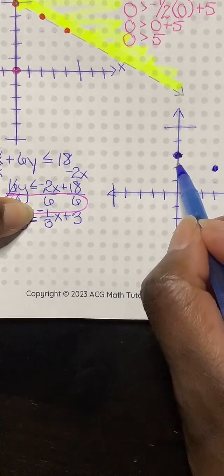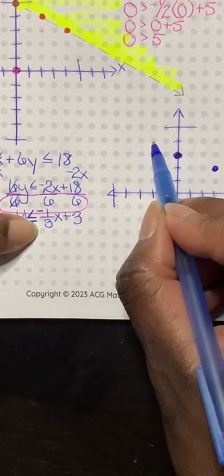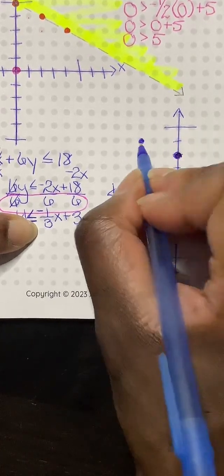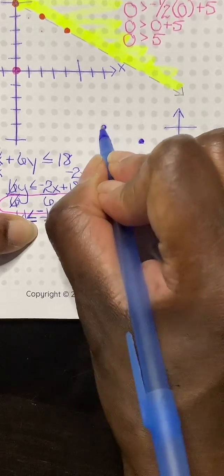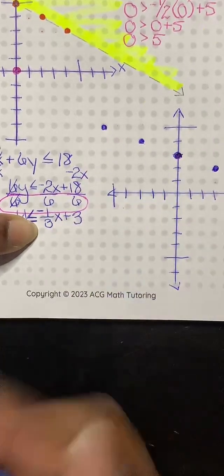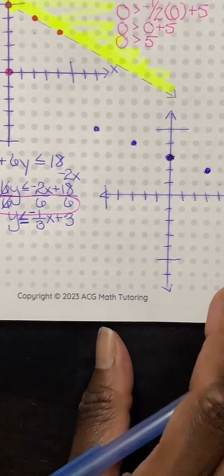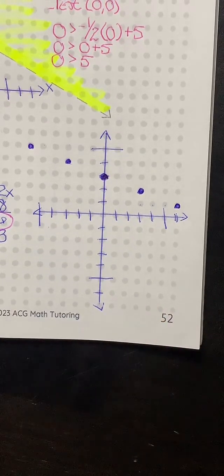So if I'm going up 1, I'm going to the left. 1, 2, 3, making my point. Now I see the possibility of a beautiful line.